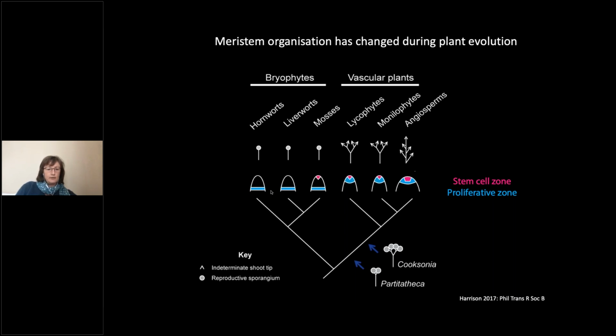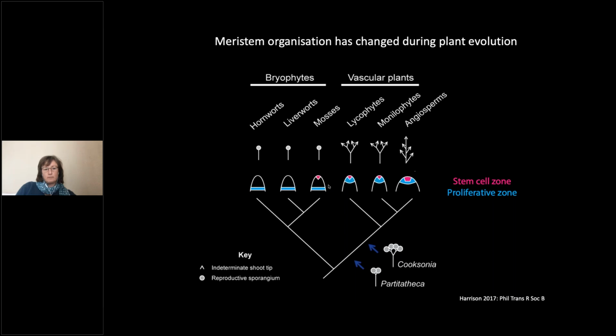Mosses are also lengthened by intercalary proliferation next to the liverworts and hornworts, but there's an apical stem cell which is marked in pink that acts transiently to establish the apical basal axis of the moss during embryogenesis. The origin of indeterminacy in vascular plants coincided with the juxtaposition of stem cell zones and more rapidly proliferative zone in the shoot tip.